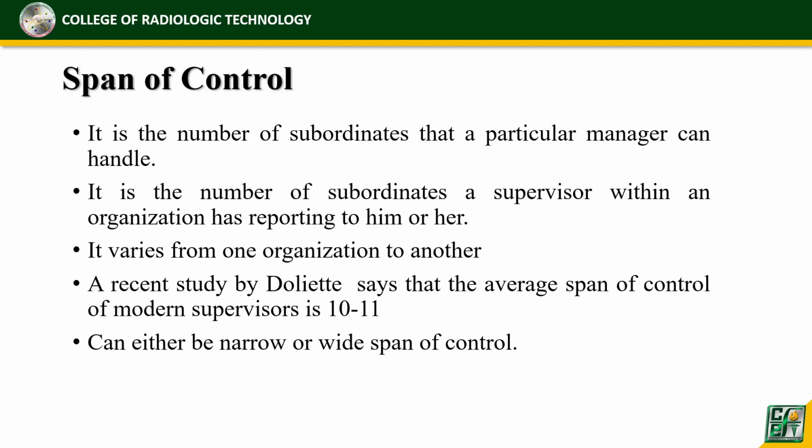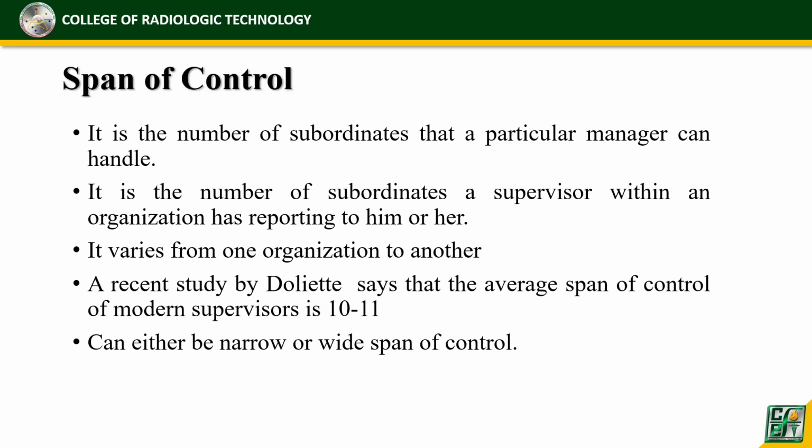Meron siyang 11 na supervisors na nagre-report sa kanya. Or 11 people na nagre-report directly to the CEO or Chief Executive Officer. Okay? So, yan. Span of control can either be narrow or wide. So these are the 2 classification or types of span of control.